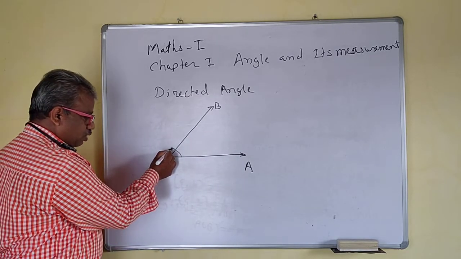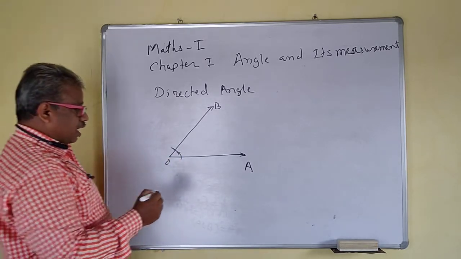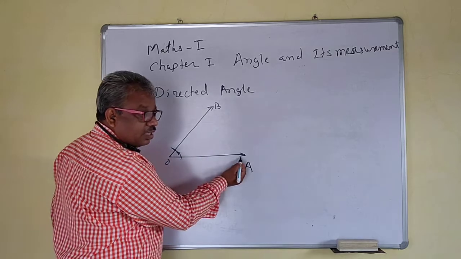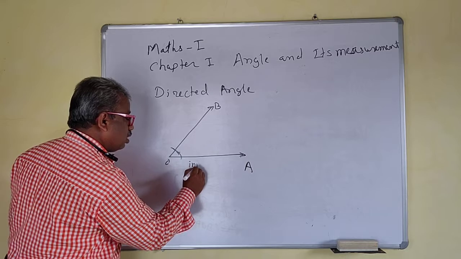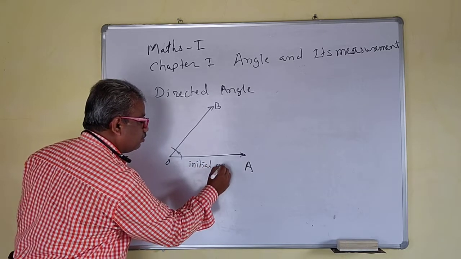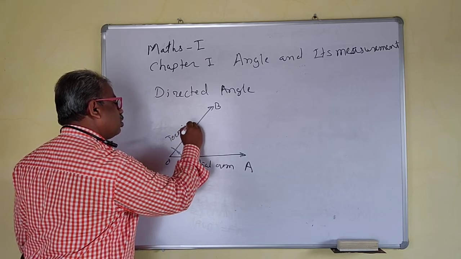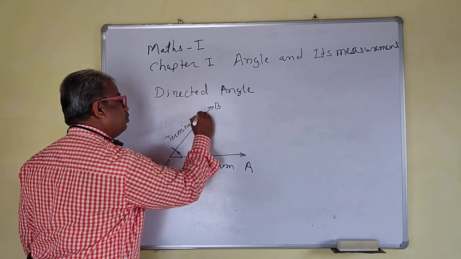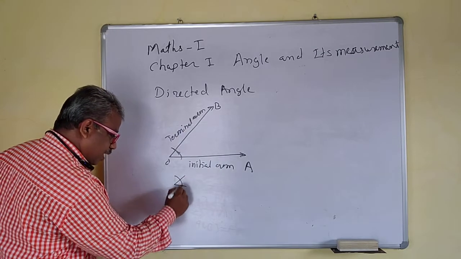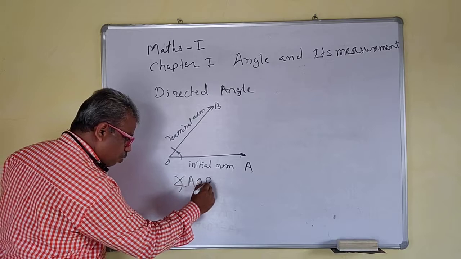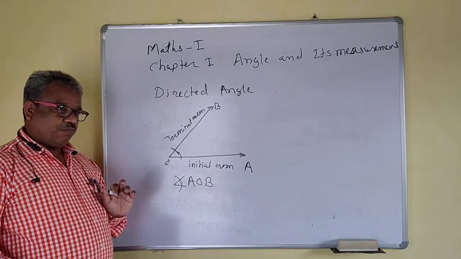So OA is the initial arm, and OB is called terminal arm. Now this angle is denoted by AOB, and this is read as directed angle AOB.